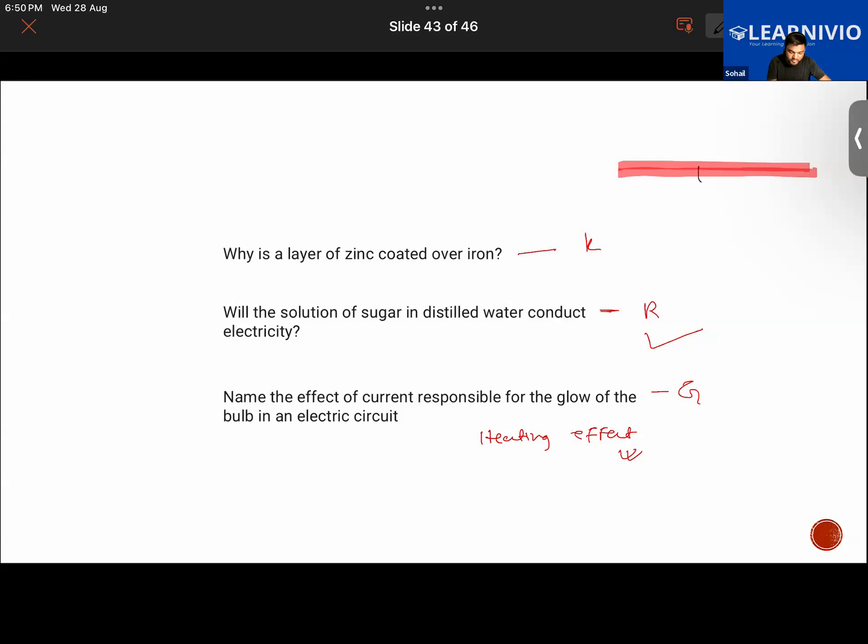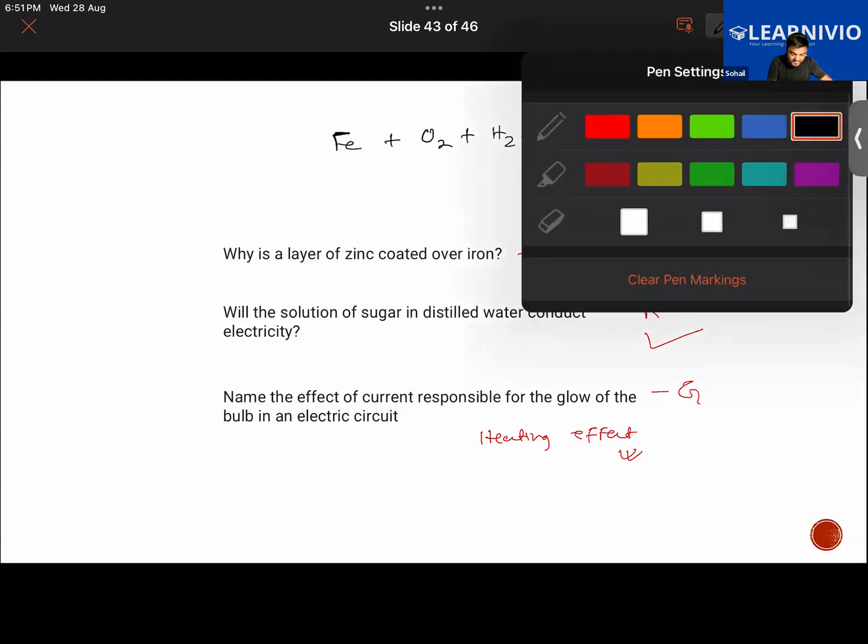Like this is pure iron, for example, Fe. Over time, this iron will react with oxygen and with water. So a layer of rust will form above the iron body, and that will be Fe2O3.xH2O. This is basically rust.